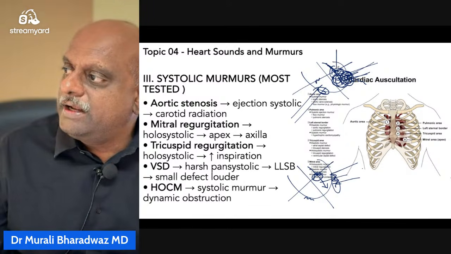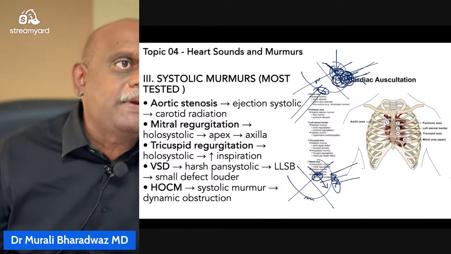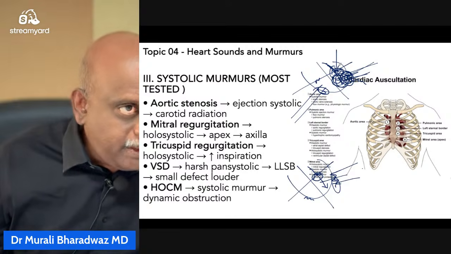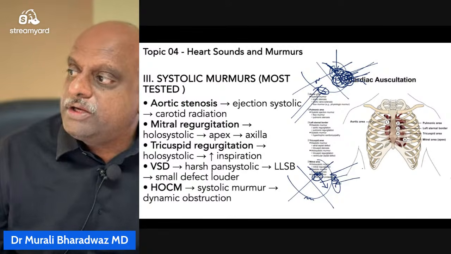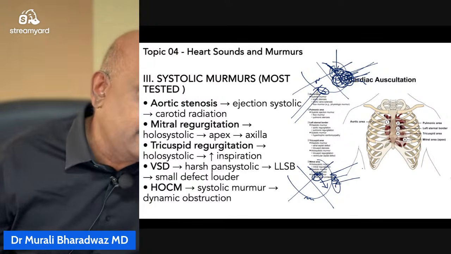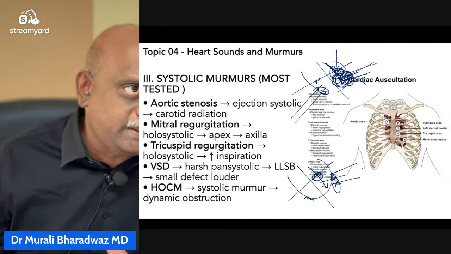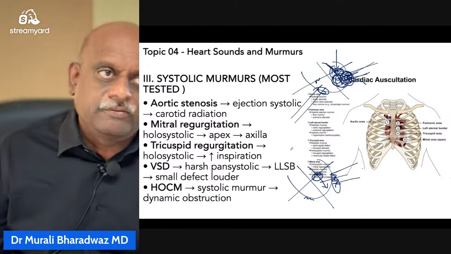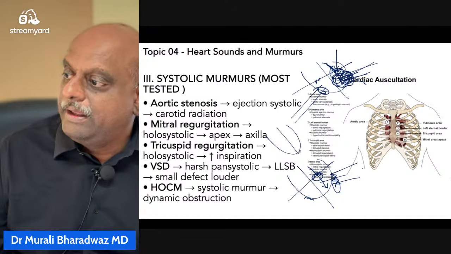So that is the reason mitral stenosis and tricuspid stenosis are all diastolic murmurs, whereas aortic stenosis and pulmonic stenosis are both systolic murmurs. That much is clear. Next we will talk about it further.